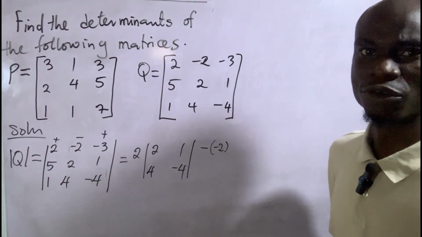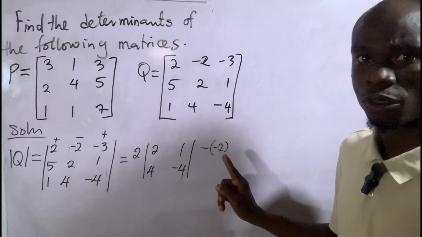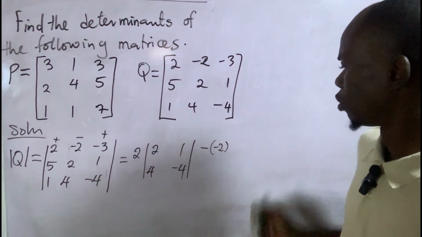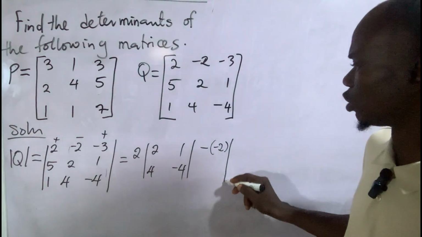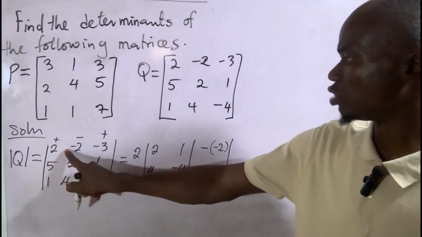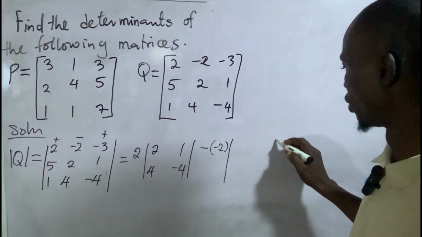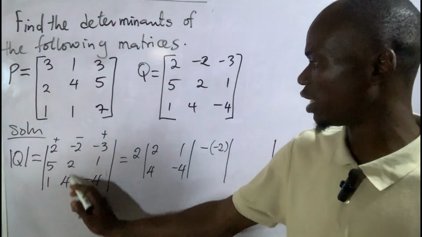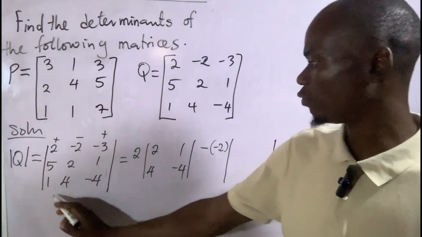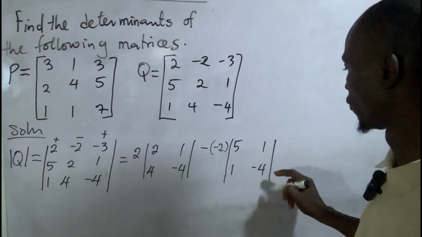If you know that minus is plus, you don't need to write minus. You can go ahead and write plus 2. So for reference, this minus is what we have here, then the minus 2 in the matrix is what we have in the bracket. So we have a 2 by 2 matrix by removing the elements under it. So now it will be 5, 1, 1, minus 4.